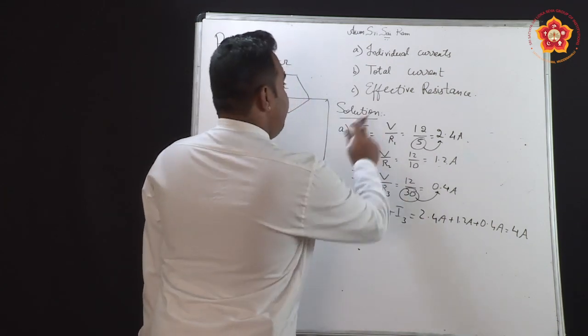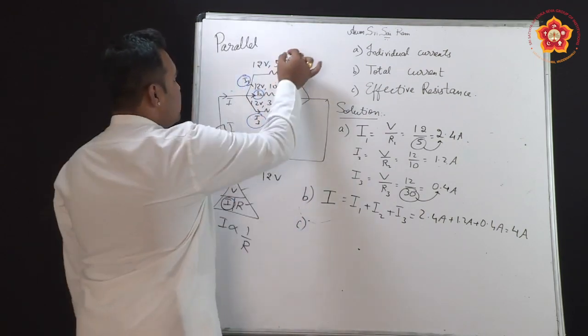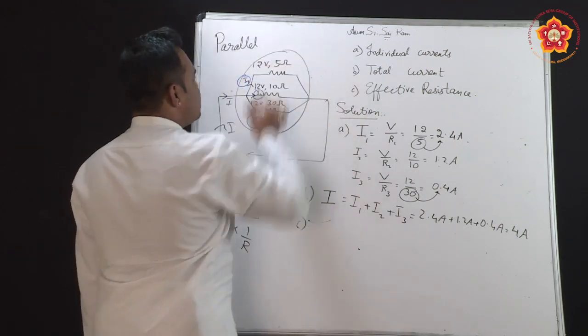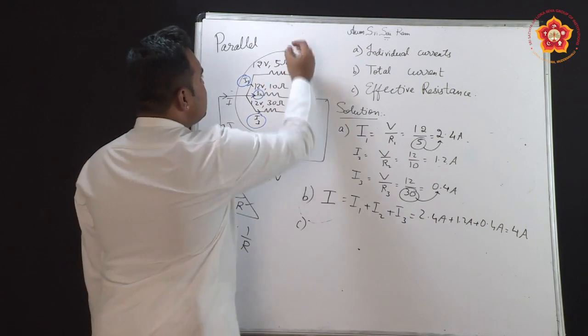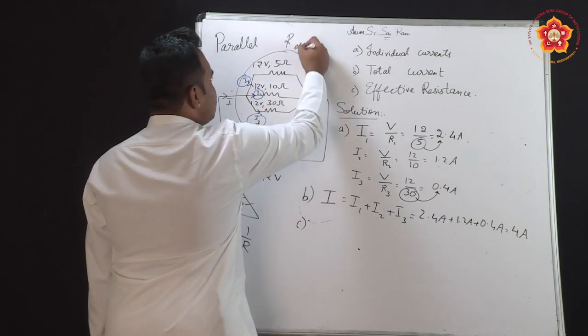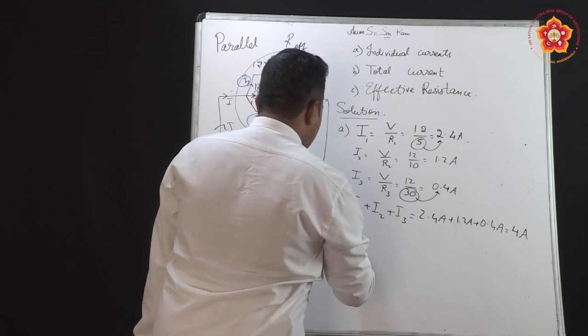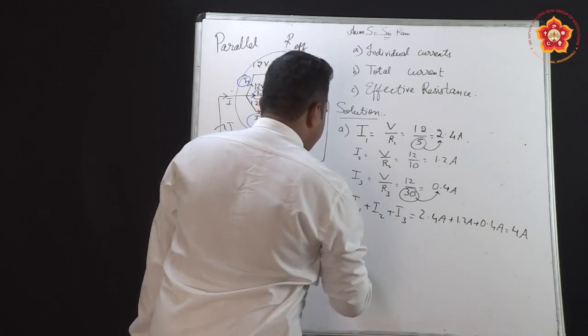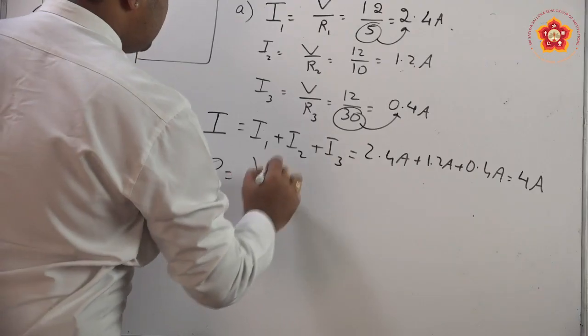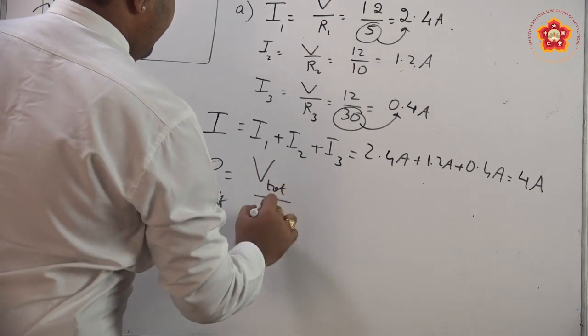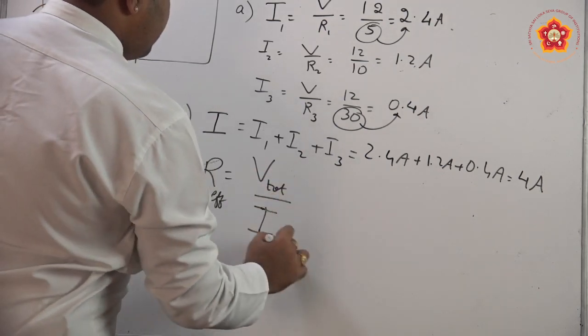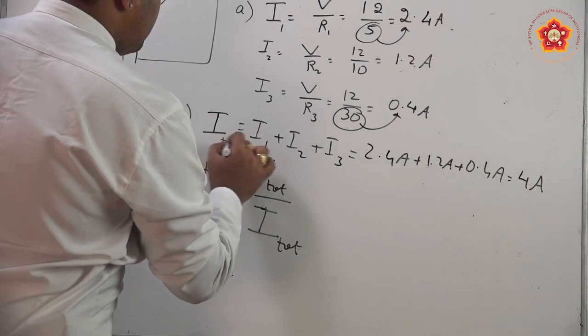Now, effective resistance they are asking, which means there are 3 individual resistances combined, what is that combined R effective they are asking. Now, we know from Ohm's law that R effective or the total resistance is total voltage by total current. So this is our total current now.